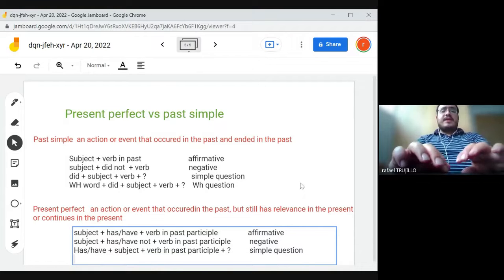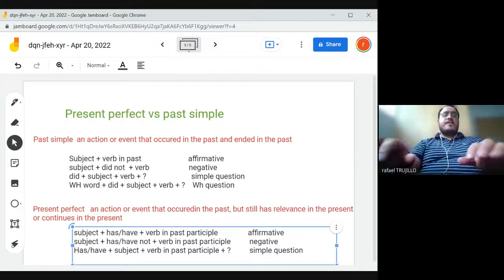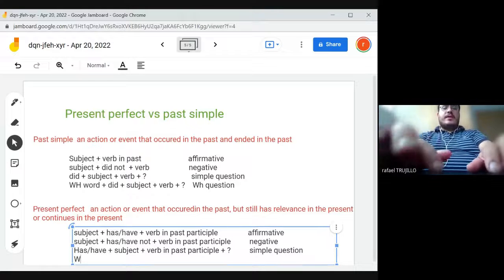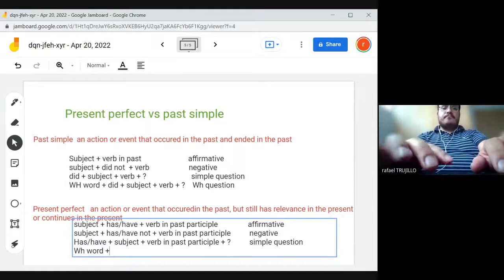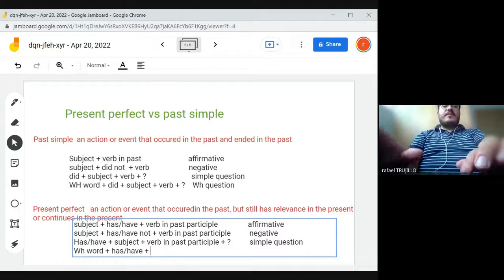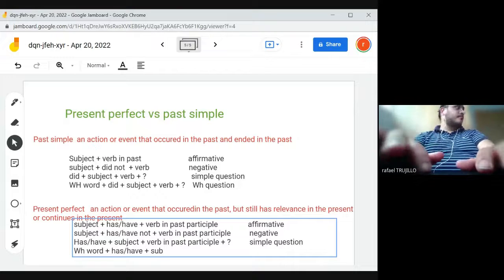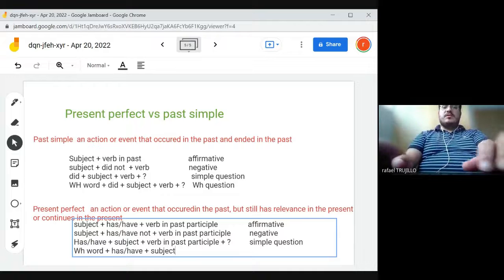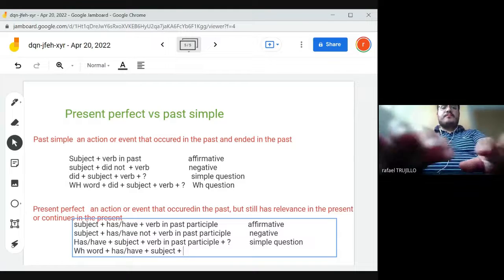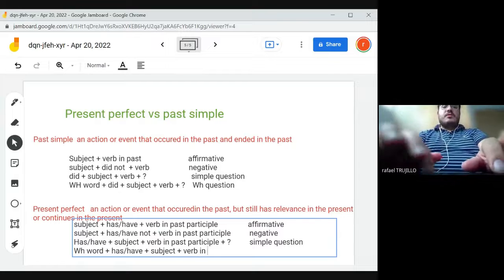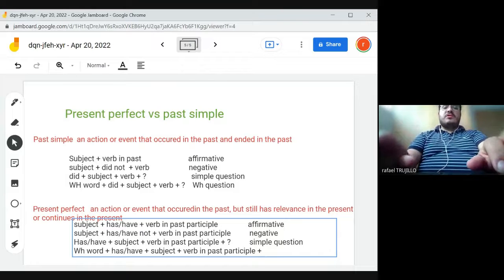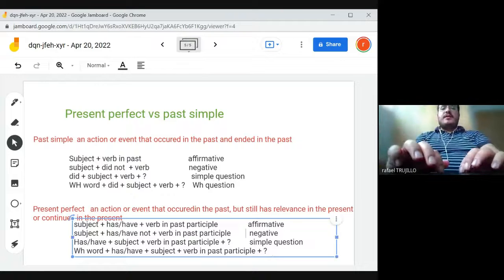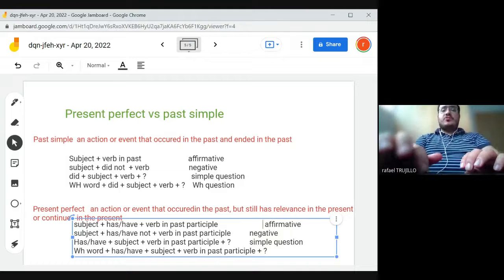And finally, we have WH word plus have, has, have plus subject plus verb in past participle, plus question mark, and that would be the WH question.